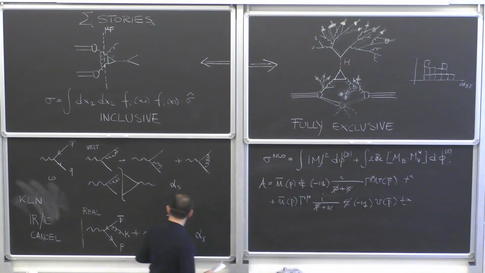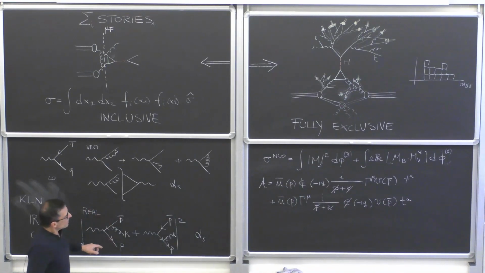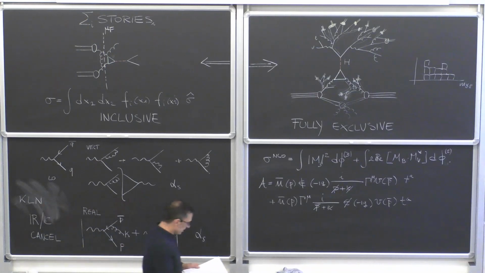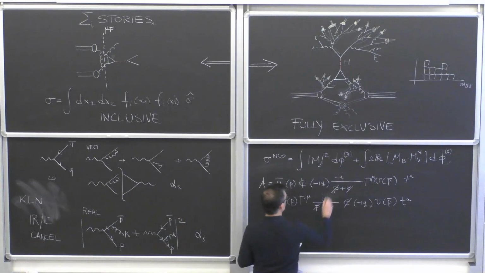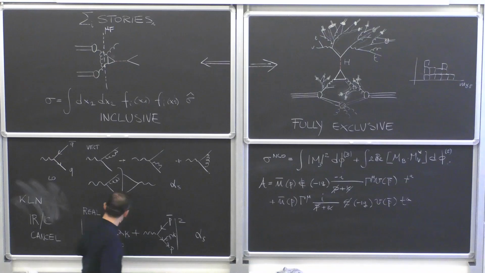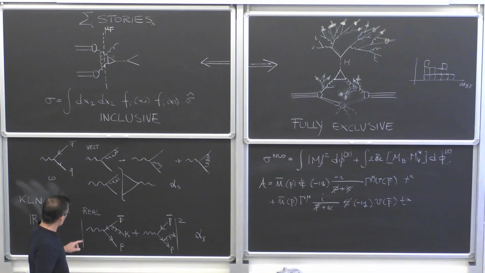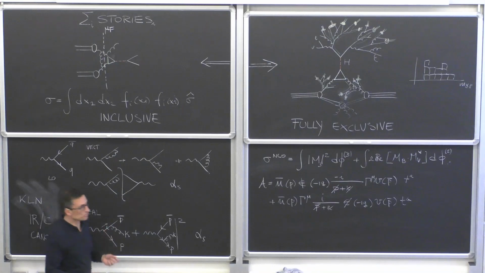So there are two diagrams. There is a minus i here because the momentum P plus kappa is opposite to the fermion flow, so there is a minus 1.